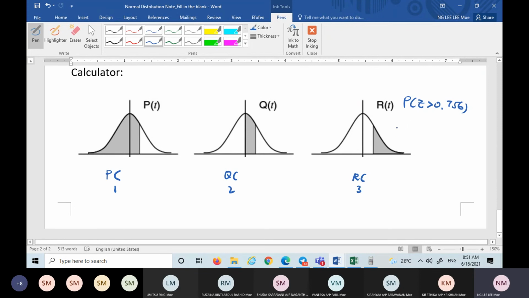Then it will come out R open bracket. Then you key in the number 0.756. Then it will give you the answer, which is 0.22482.